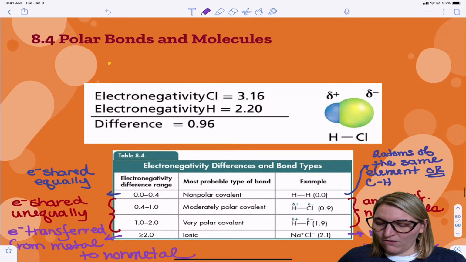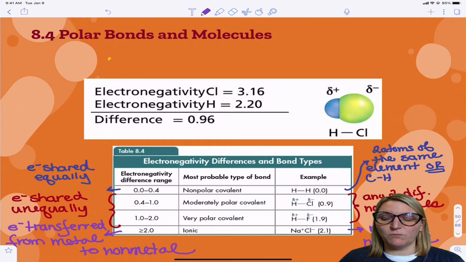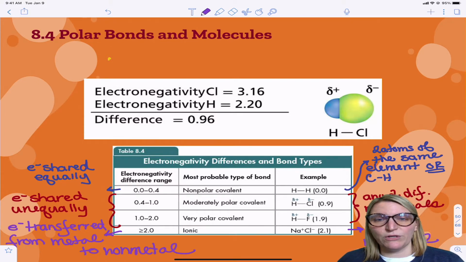So then how can we tell whether a bond is polar or nonpolar? Well, we can compare the electronegativity values. And if the electronegativity values differ, we can actually find the number that can tell us whether the molecule is polar or nonpolar. So you can see the example here, the electronegativity of chlorine, 3.16, where hydrogen is 2.20.